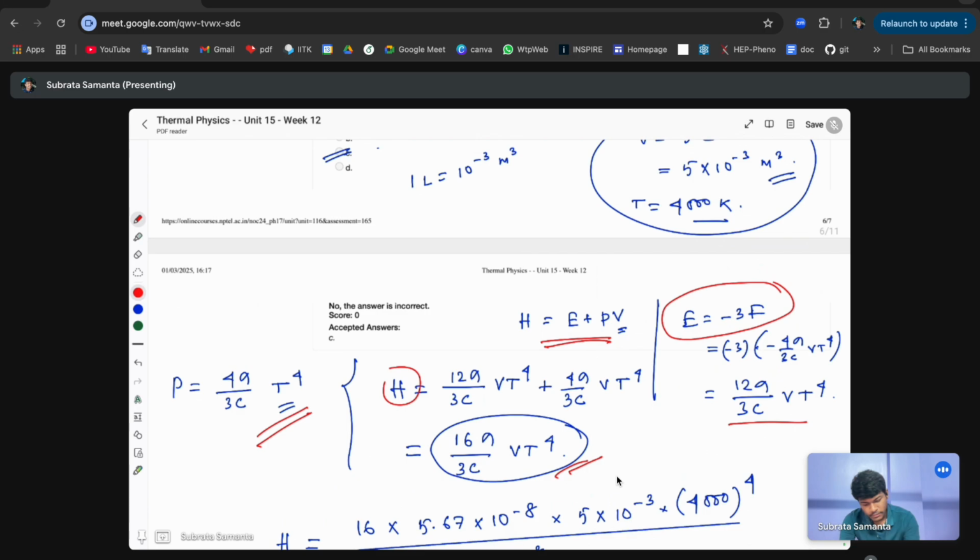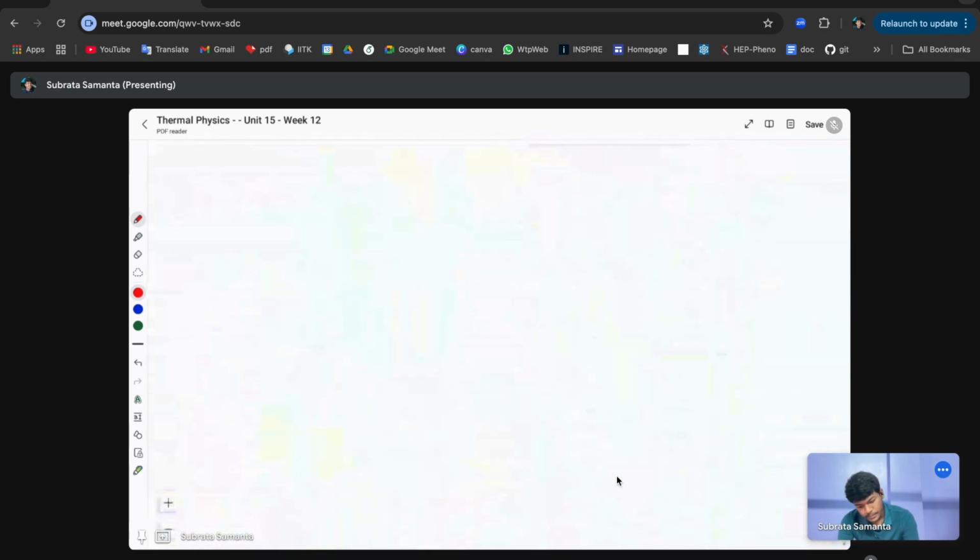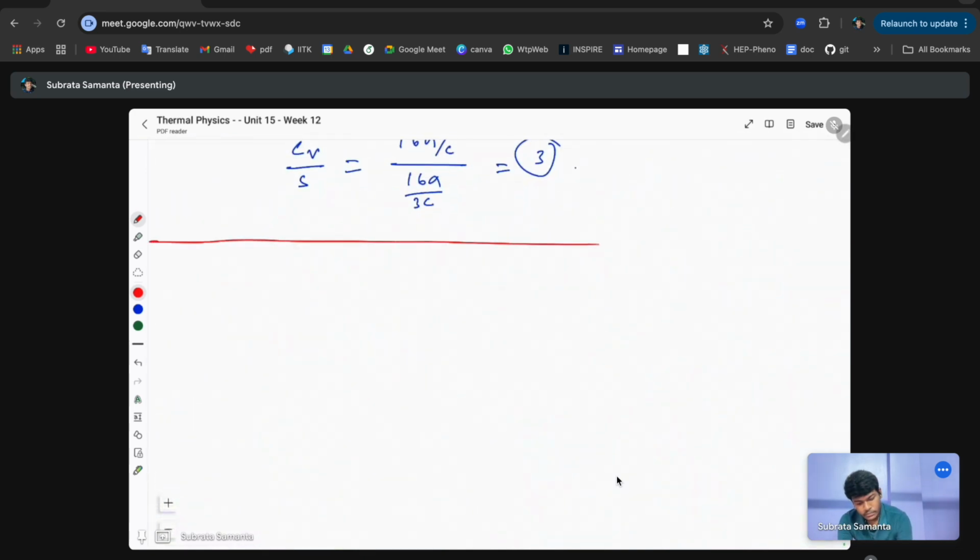Okay, so let's solve one or two problems. In the first problem, let's consider Earth and Sun. They behave like a black body.